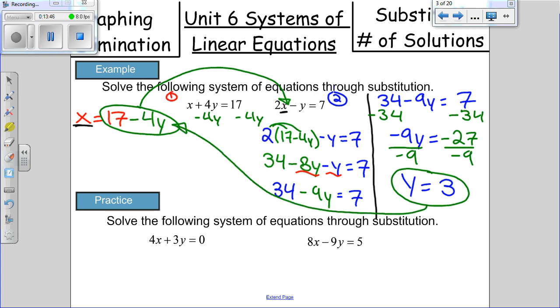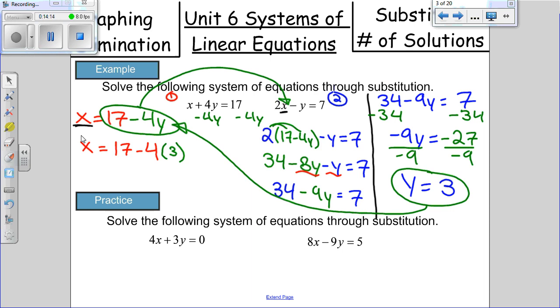So you took your answer from equation 2, you link it all the way back into equation 1, and you'll have x equals 17 minus 4 times 3. X is already all by itself in that equation. So if you want to figure out what x equals, you just put this in your calculator.